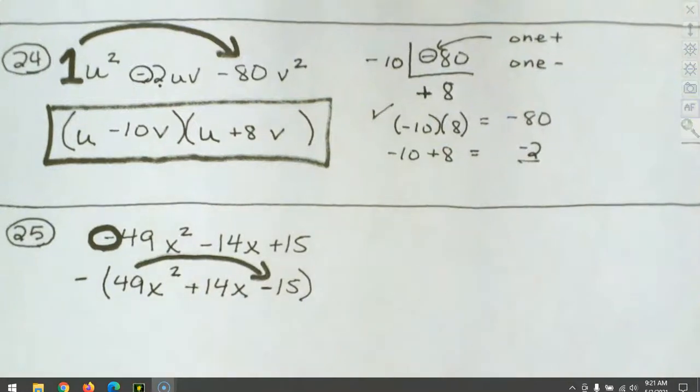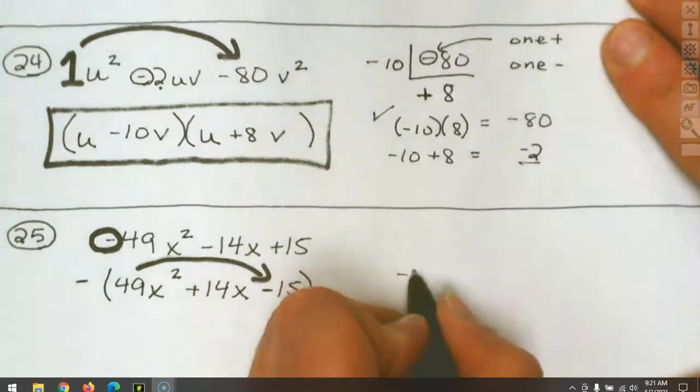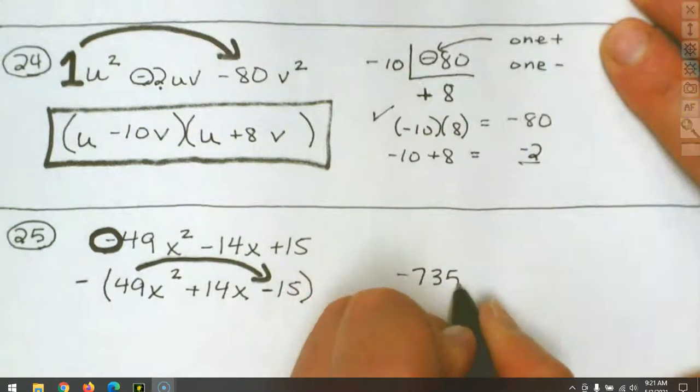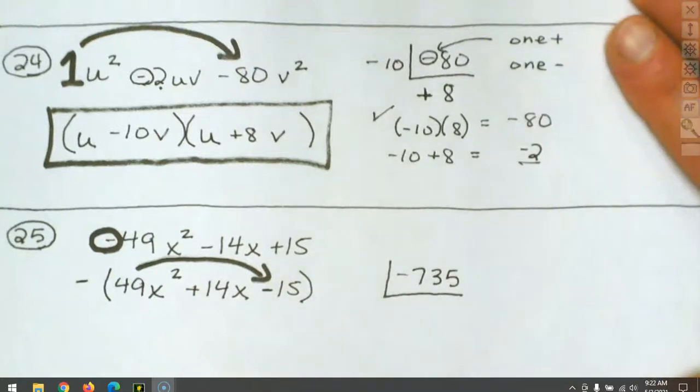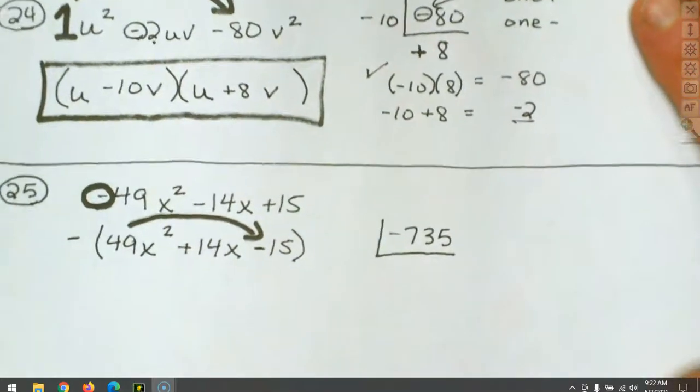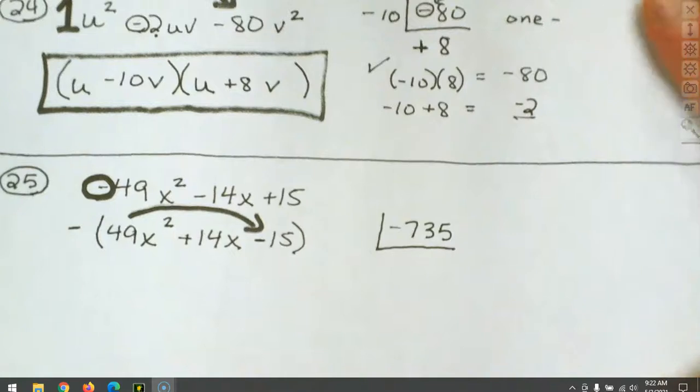First times the last. And the numbers here might be kind of large, but we can work with them because we do have a calculator. So let's take our 49 times that negative 15, and that's going to make that a negative 735. And this is probably the most complicated one to factor because the number is pretty large.